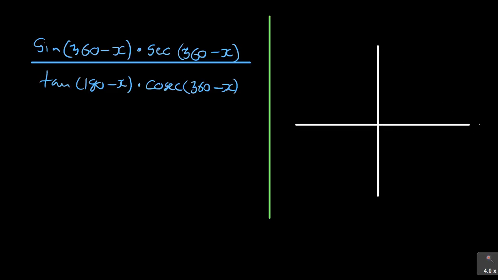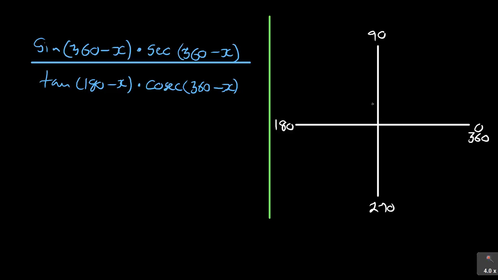So remember, we have 0, 90, 180, 270, and 360. As I said, all this information is covered in the books.